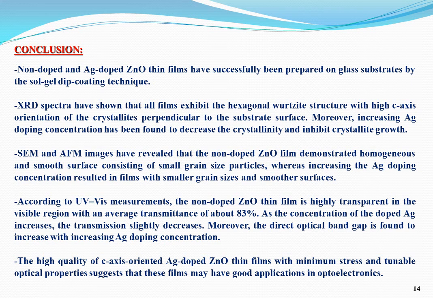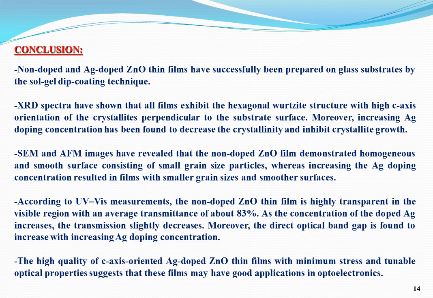According to UV visible measurements, the non-doped zinc oxide thin films are highly transparent in the visible region, with an average transmittance of about 83%. As the concentration of the doped silver increases, the transmission slightly decreases. Moreover, the direct optical band gap is found to increase with increasing silver doping concentration.